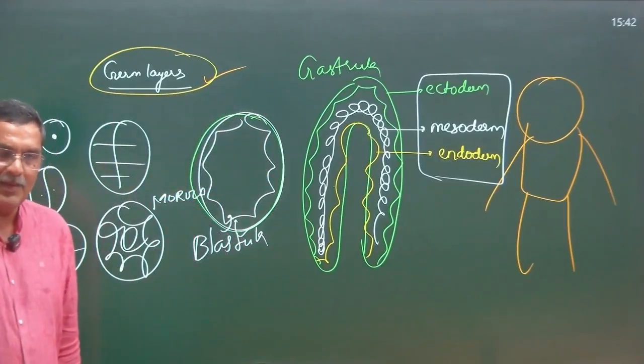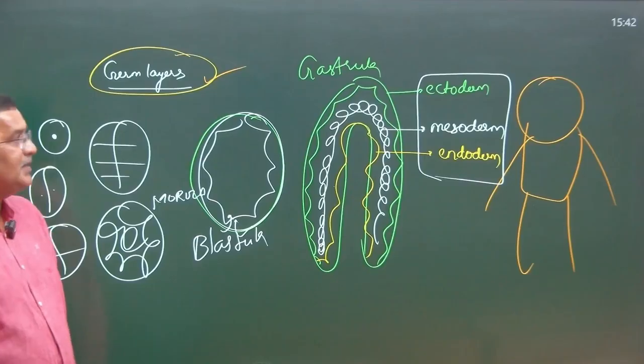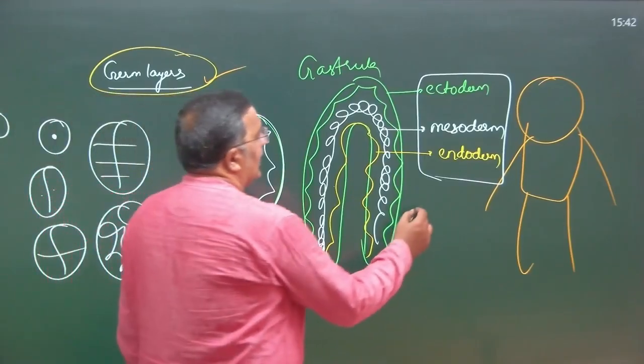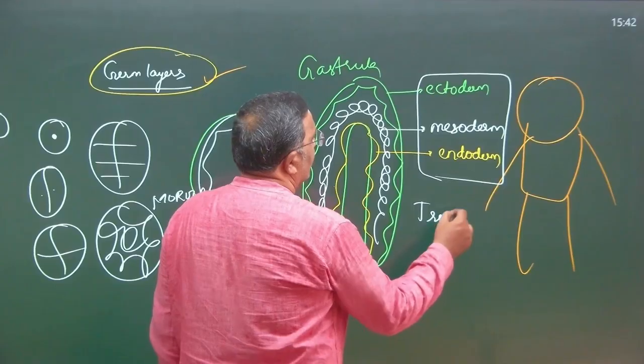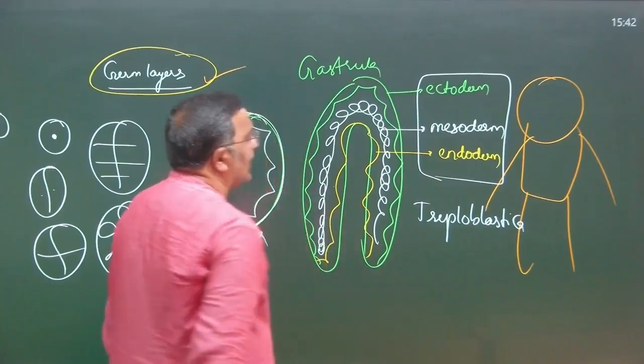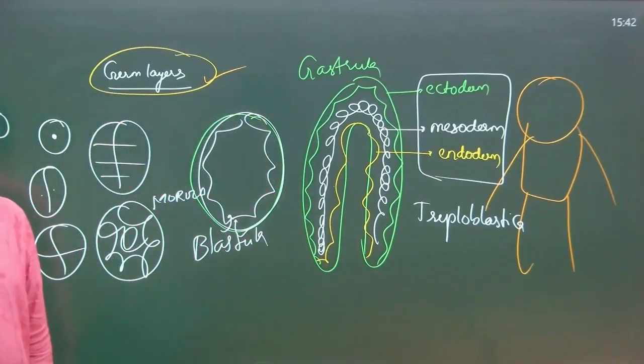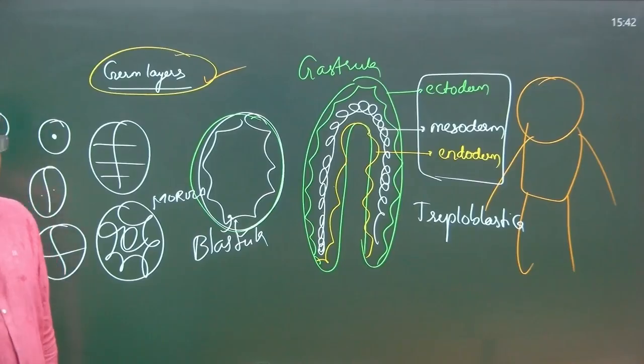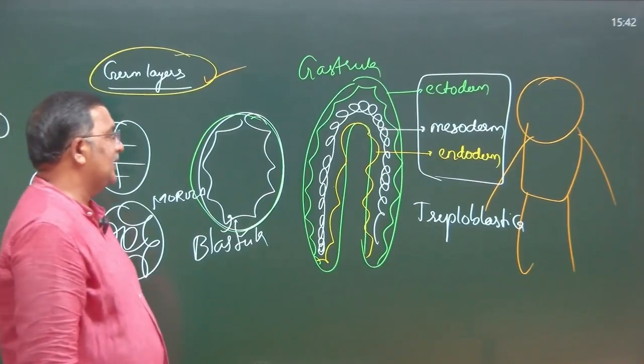Ectoderm, endoderm, mesoderm. The kind of organisms having three germ layers we call triploblastica. Tri means three. Three germ layers present, we call triploblastica.